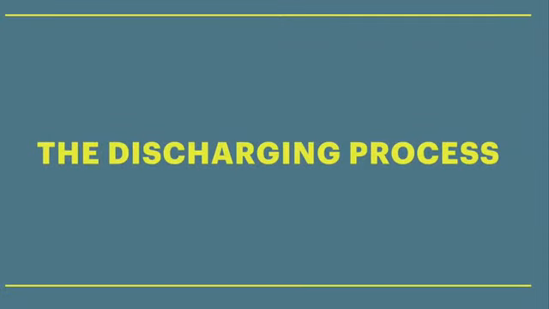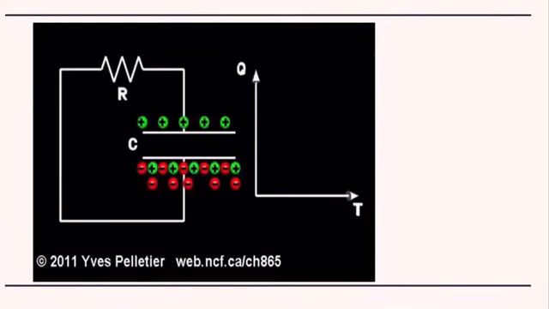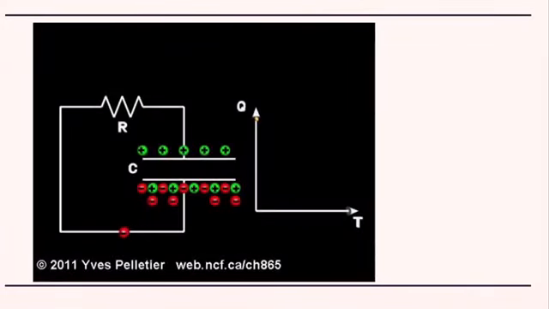Now we will have a look at the discharging process. As you can see here, the charge of the electrons is greater on one plate compared to the other, meaning that one plate is positive and the other plate is negative. Notice that there is no battery in this circuit, meaning that we are discharging the capacitor through the resistor.